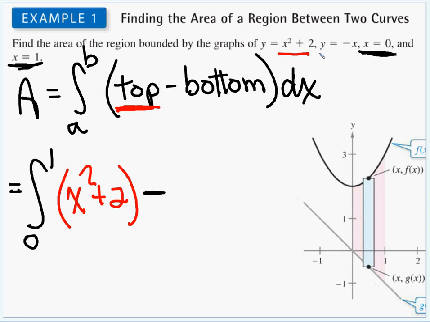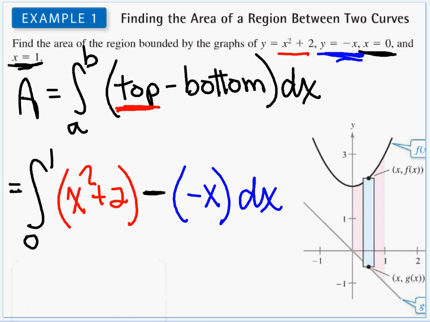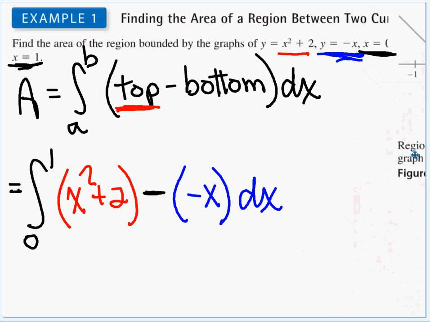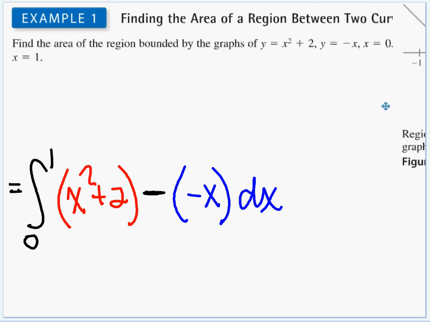And that straight line's equation is y equals negative x. So that's going to be minus a negative x dx. So there's our setup. So let's simplify that as much as we can and then anti-derive and see where it takes us.